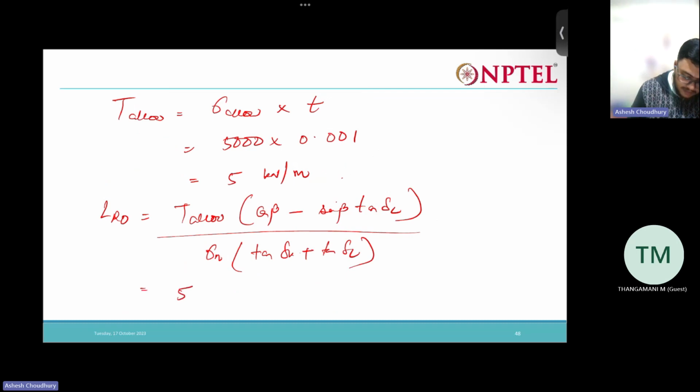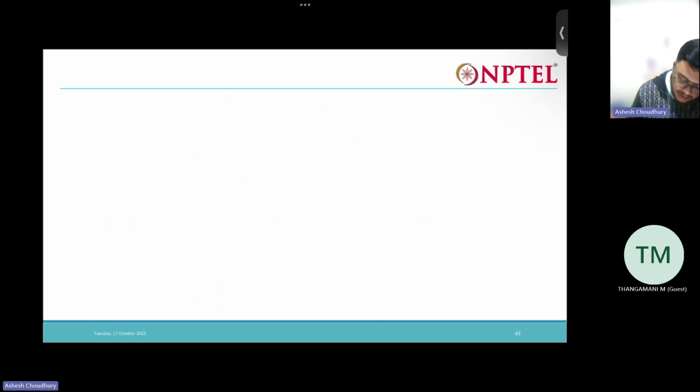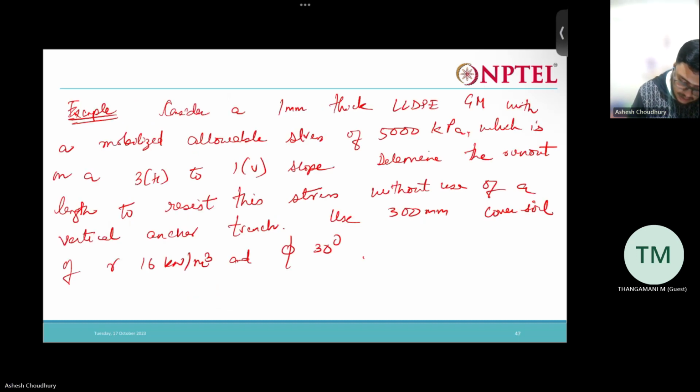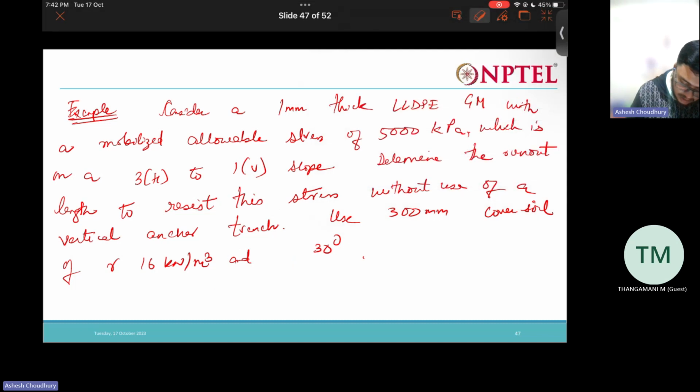So this is 5 kilonewton per meter, cos beta, what is beta? 3 by 1 means 18.4. 30-degree friction angle. This is not phi actually, this is the friction angle with the geomembrane.